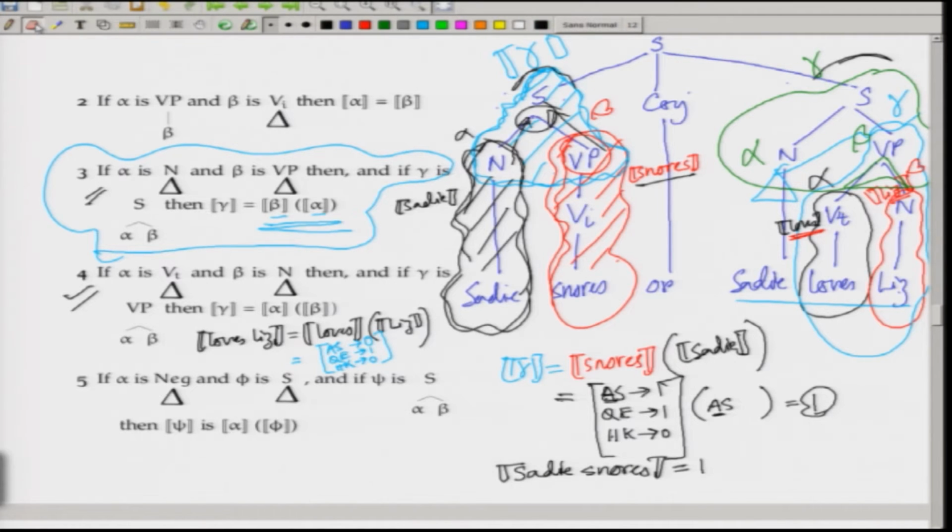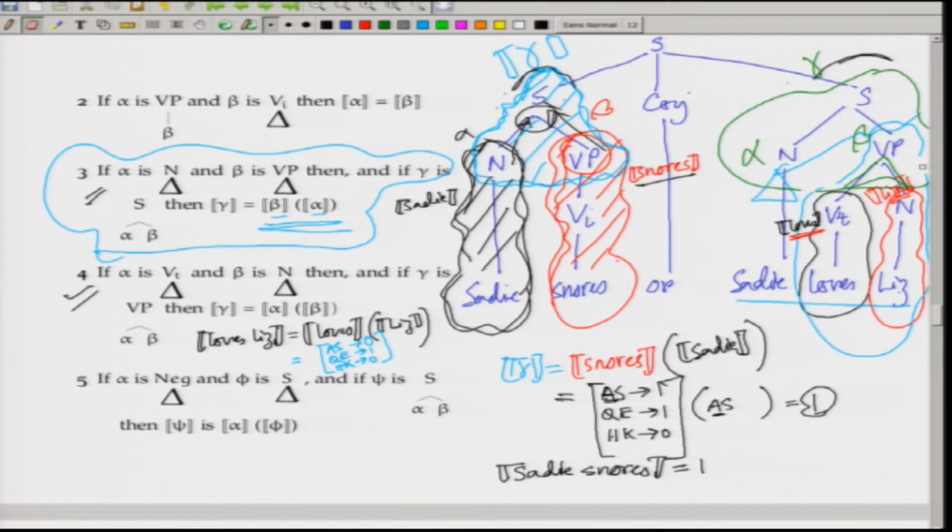So, this is an old gamma, we do not require any more old alpha, and we should not confuse all these alphas and betas, because this was the old calculation. Now, we are calculating a fresh set of things, and here it is a case of s goes to n and vp, the third rule, which means that what will happen now is the truth value of this.